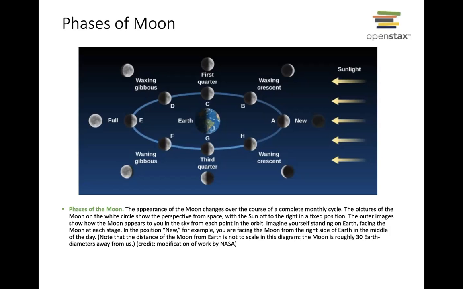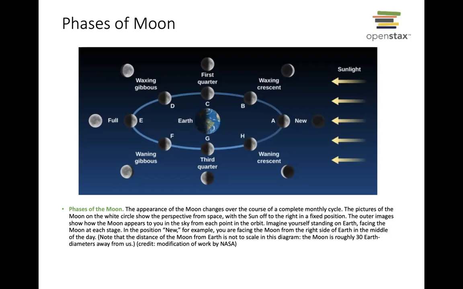On this inner circle, I have placed the moon at a few different points from A to H. So there are 8 positions in this particular diagram. Those are places where you have these special names for the phases of the moon, right? And you should see something special about each of these positions from A to H.